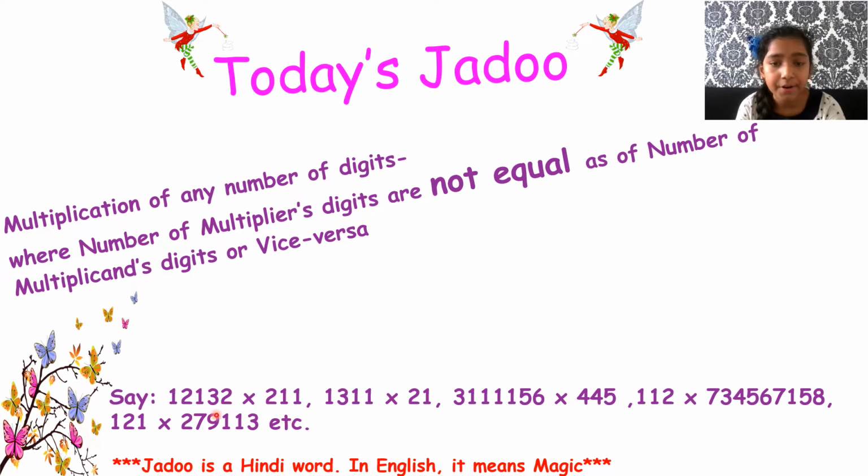Here, the multiplier has 5 digits and the multiplicand has 3 digits. Here, the multiplier has 3 digits and the multiplicand has 6 digits. It means they are not equal, right? So today we will learn how to do that question.